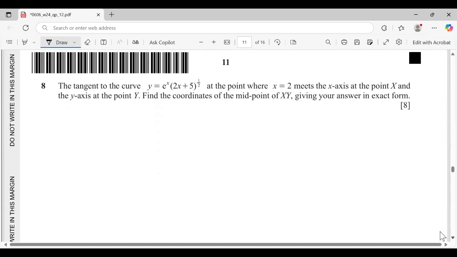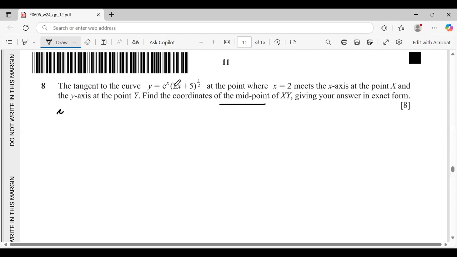Number 8. The tangent to the curve y equals e to the power x times (2x plus 5) to the power 1 half at the point where x equals 2 meets the x-axis at the point X and the y-axis at the point Y. Find the coordinates of the midpoint of XY, giving your answer in exact form.